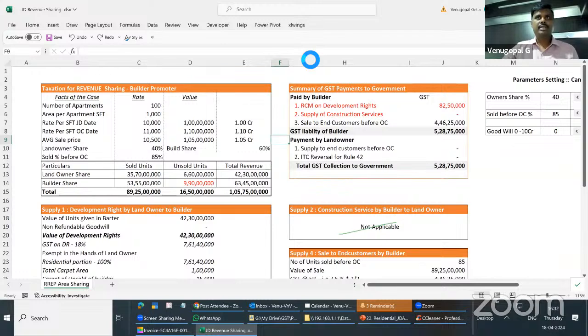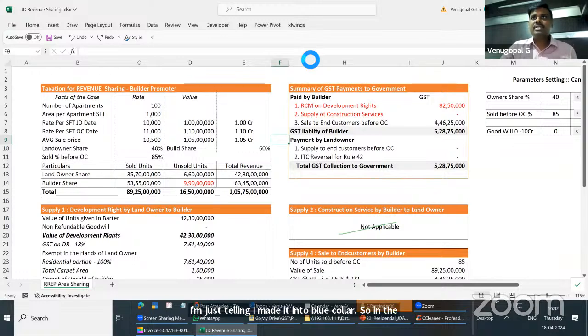You should differentiate, so let me just put this as area sharing. And okay, revenue sharing, I made it into blue color.